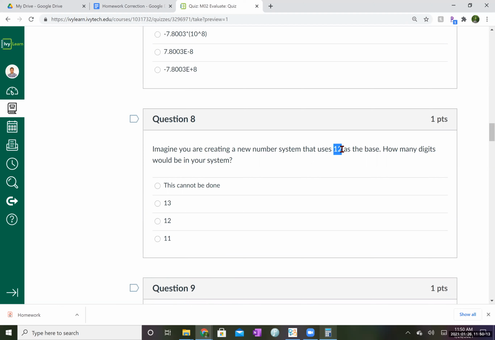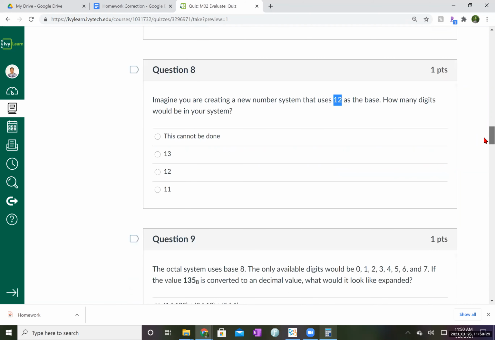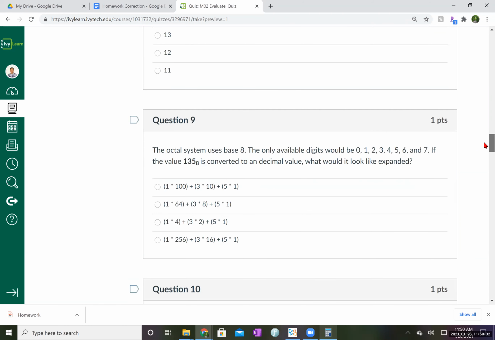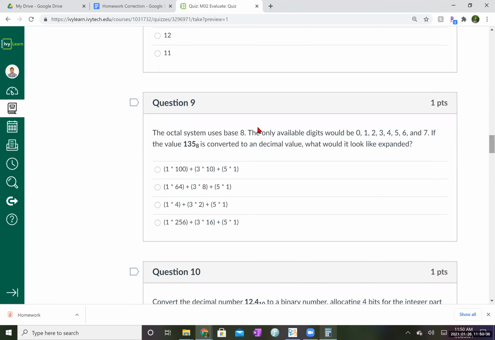So if you have decimal, that means you have base 10. If you have binary, you have base 2. If you have hexa, you have base 16. And if you use base 12, that means each digit has 12 possibilities here. What do you think?